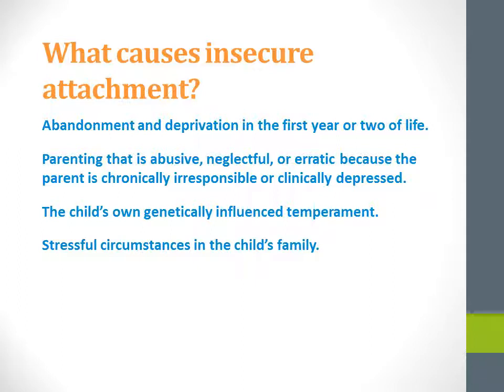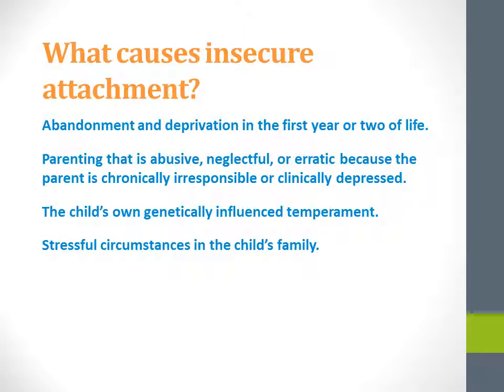Parenting that's abusive, neglectful, or erratic for a number of different reasons. But again, it's creating this environment where the child does not have trust that a parent will provide for them when they need it. A child's own temperament can also be part of what causes an insecure attachment.